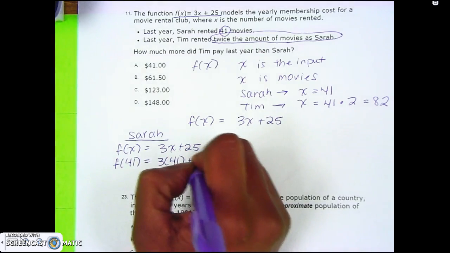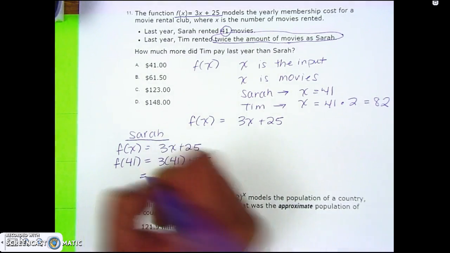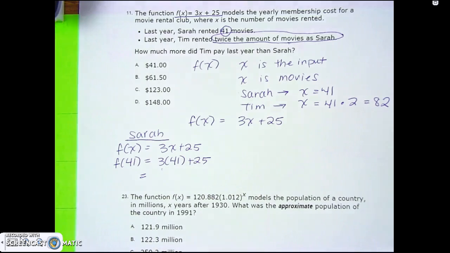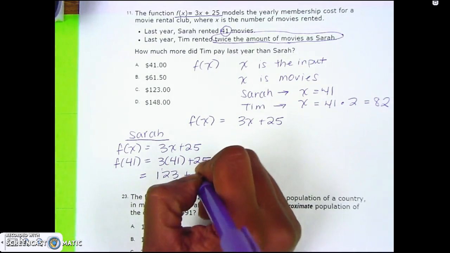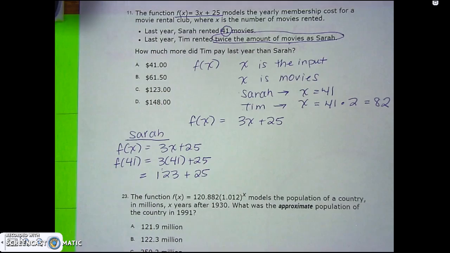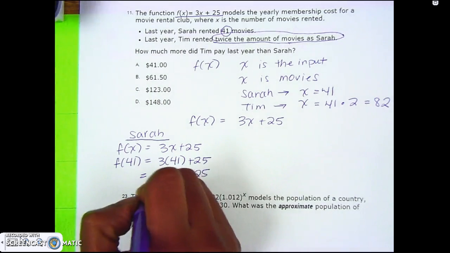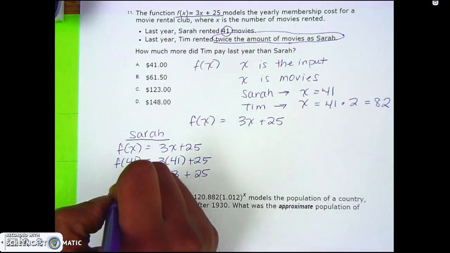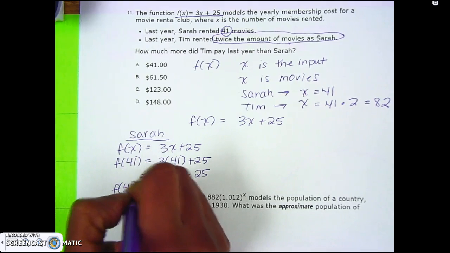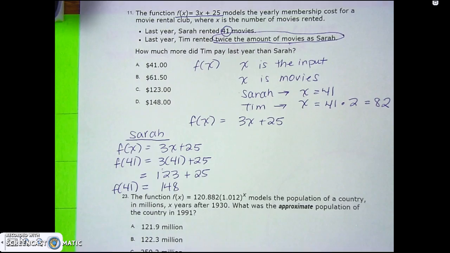Remember to use parentheses, and then evaluate. So we have 3 times 41, which is 123, plus 25, which is 148. So Sarah rented 41 movies and it cost her $148.